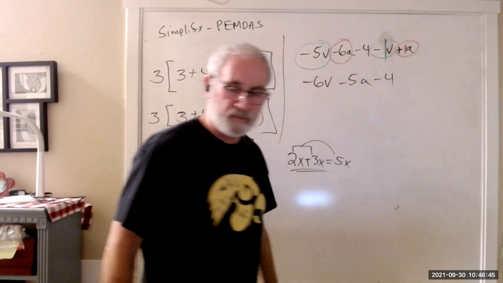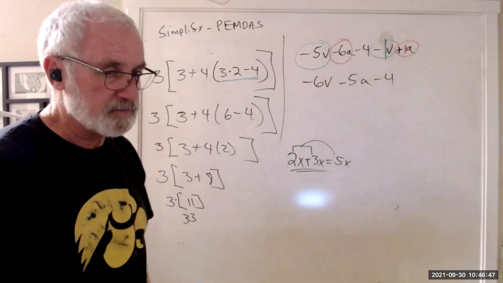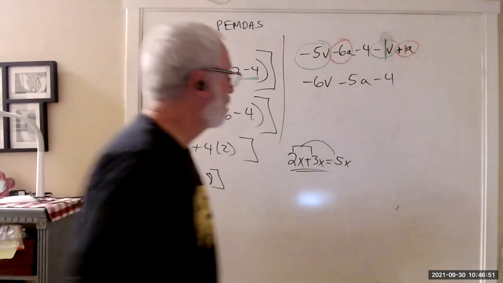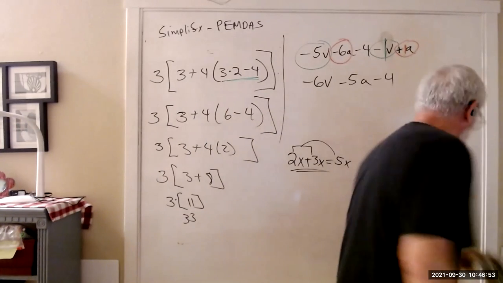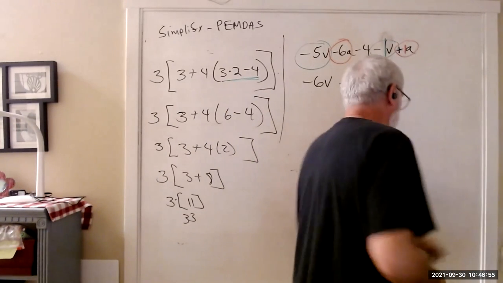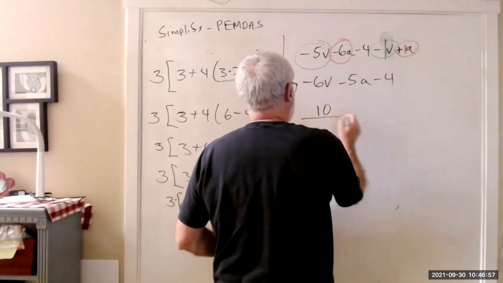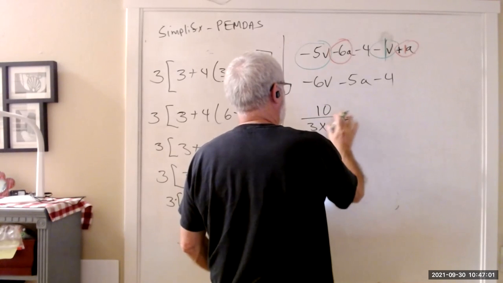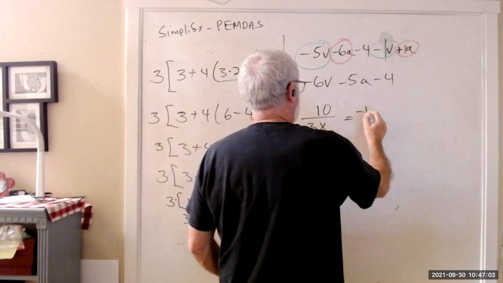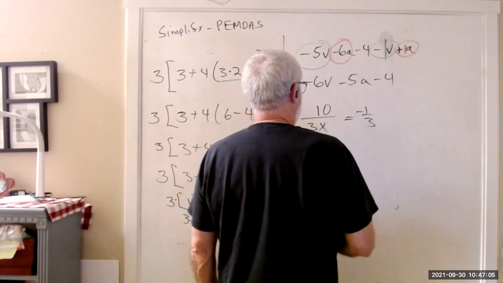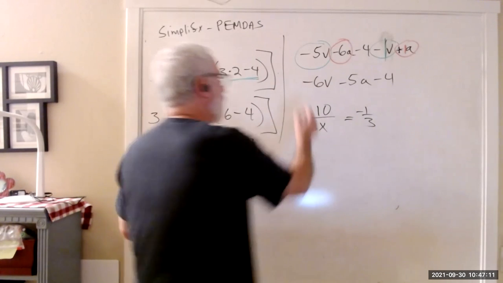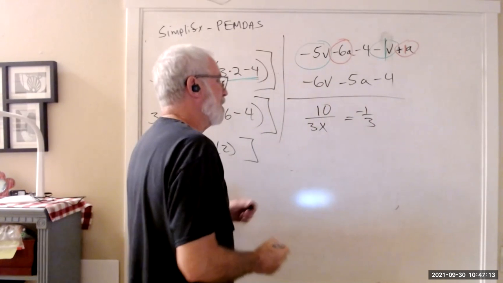Okay, others? Or do you keep going? I do have another one. Okay, so 10 over 3x equals negative 1/3. This problem right here, right? 10 over 3x. All right.